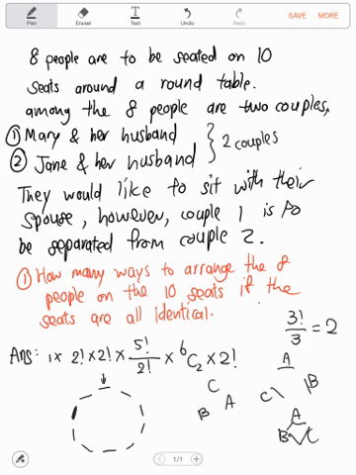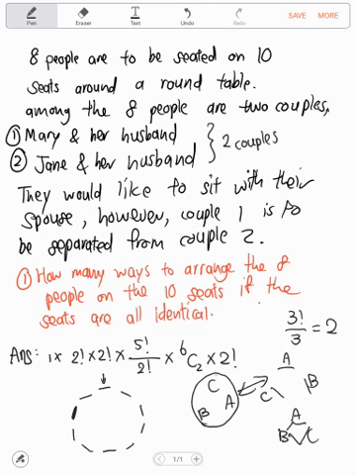Any other ways will look like these 2 ways, because if I choose one like A, B, C, this is actually the same as this case, because if we rotate, the people cannot tell their orientation in the room, right? That's the assumption for this type of question. They cannot tell their orientation.